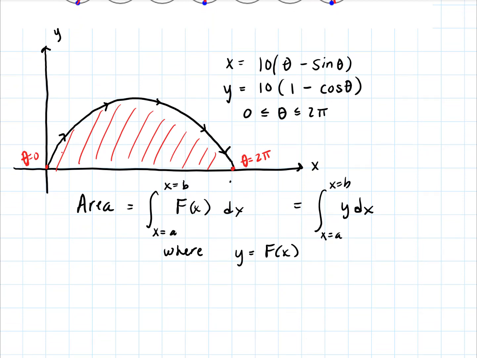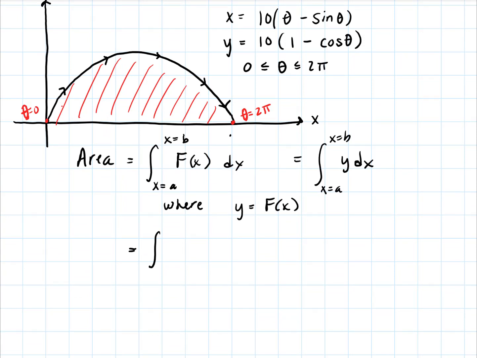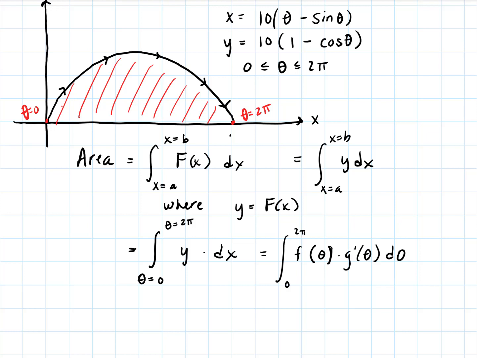So we can make those extensions and say, well, that would be exactly the same as looking at, instead of the integral from x equals a to x equals b, let's do the substitution. This is going to be from theta equals 0 to theta equals 2 pi of y dx in terms of the parameter, or the integral from 0 to 2 pi of f prime of theta, f of theta, g prime of theta, d theta.